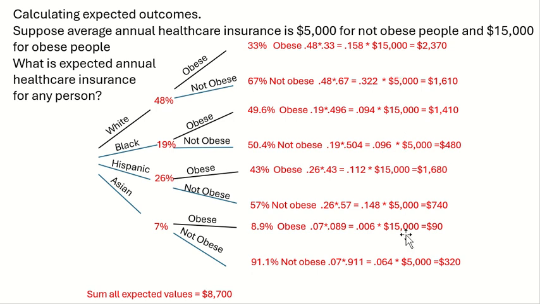You see how we go through and everybody gets put in here. So we have 100% of the population times the cost for the demographic that's associated with them. When we sum all of that up, we find that the expected cost for any one person for insurance is $8,700 for this group.